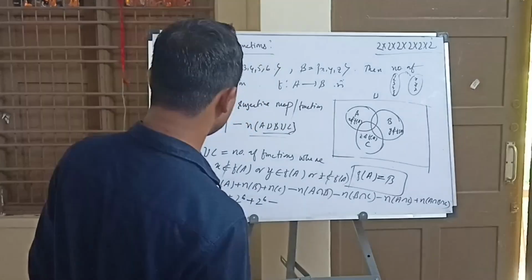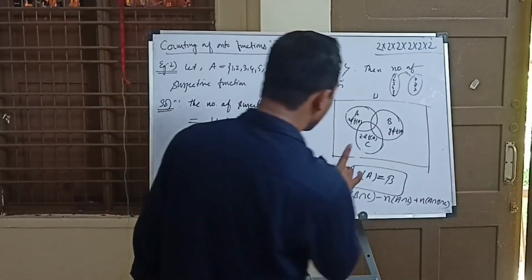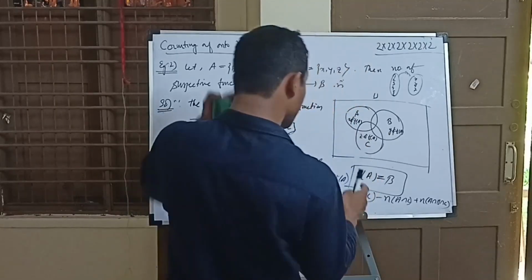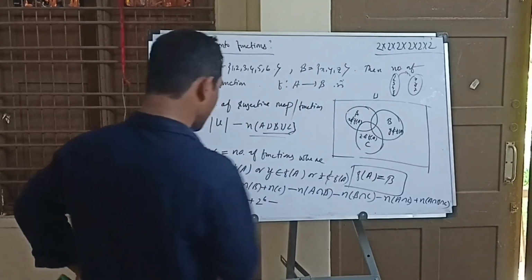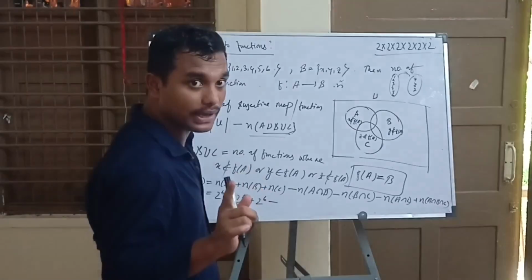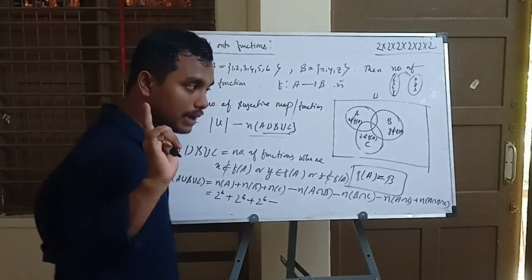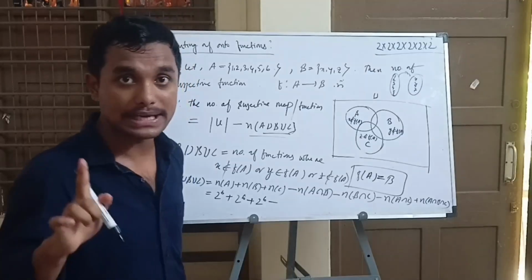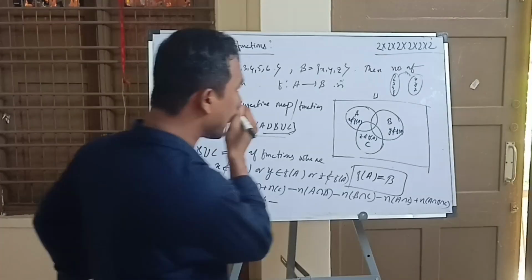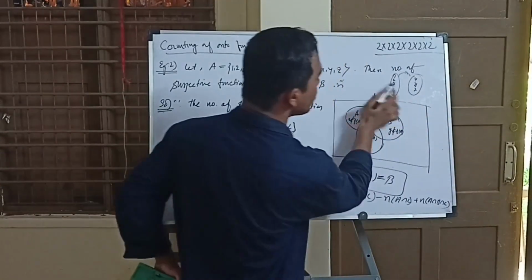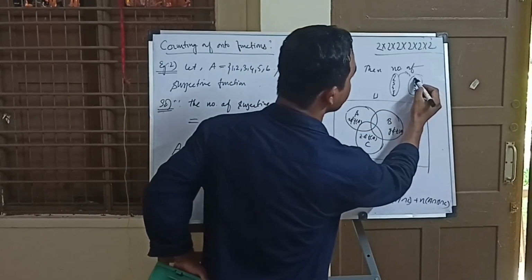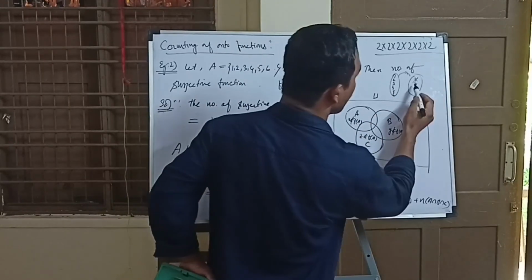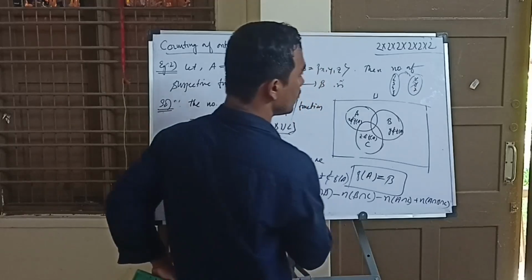And A intersection B. See, the number of functions where x does not belong to f of A and y does not belong to f of A is how many? Here, x does not belong to the range set and y does not belong to the range set.